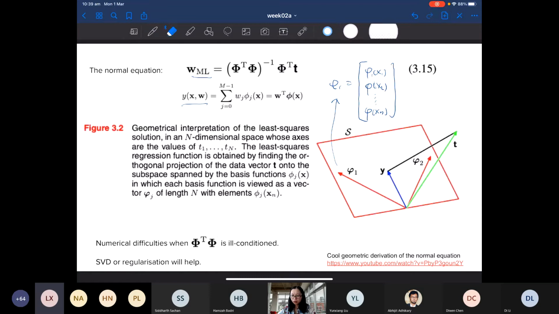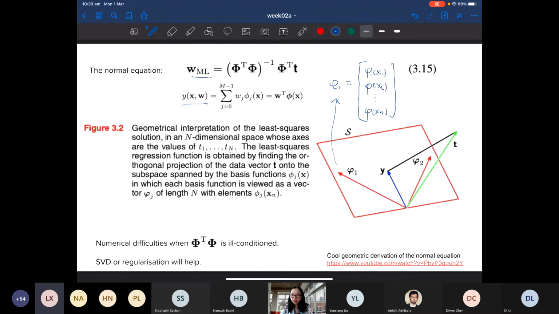In other words, the fact that y is a linear combination of these phi vectors says that y is in the subspace spanned by these phi vectors. And the fact that y is a least squares estimate of t, recall from linear algebra 101. Well, if you don't remember, feel free to look it up. Basically the projection onto a subspace gives the least squares solution.